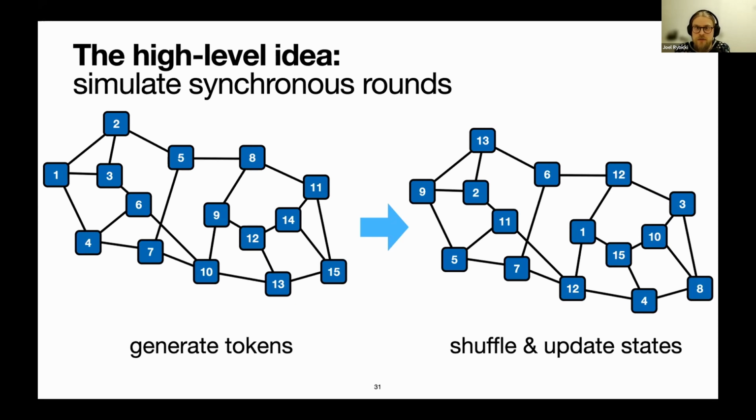After we've shuffled the tokens for long enough in the graph, we obtain a random permutation of the tokens that is statistically close enough to a random permutation chosen uniformly at random among all possible permutations of the tokens. This shuffling protocol then allows us to simulate a single synchronous round of the K-token shuffling model.